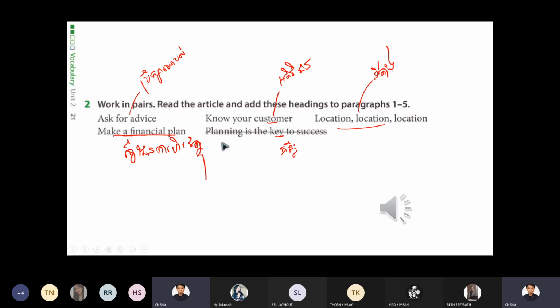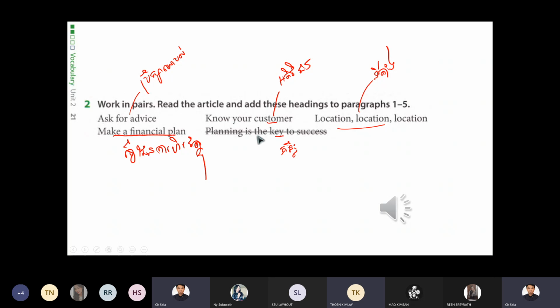Location, location, location. Okay, Kamlai, can you read again? Ask for advice. Make a financial plan. Know your customer.